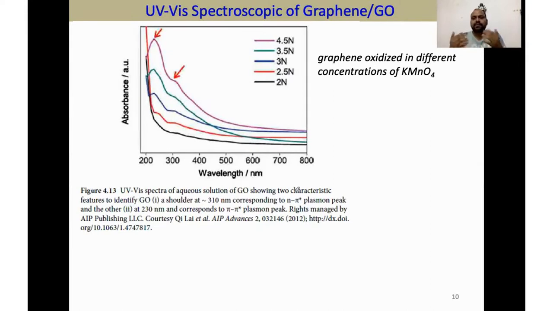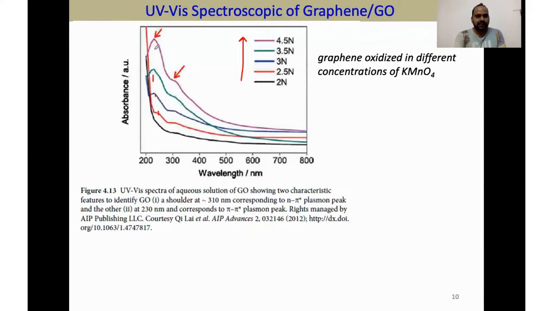Here the concentration of KMnO4 is 2, 2.5, 3, 3.5 and 4, so basically the concentration is increasing. It is obvious that when the concentration of KMnO4 is increased, there is an increase in the functional group concentration. Therefore you see this black one, at 2, is almost not so good, but here this peak and this peak, and even this peak, become very prominent. Why?